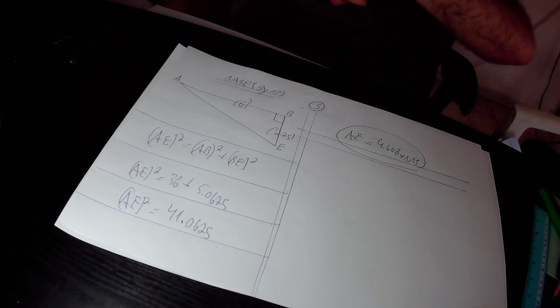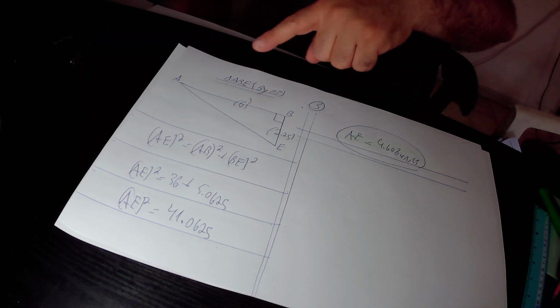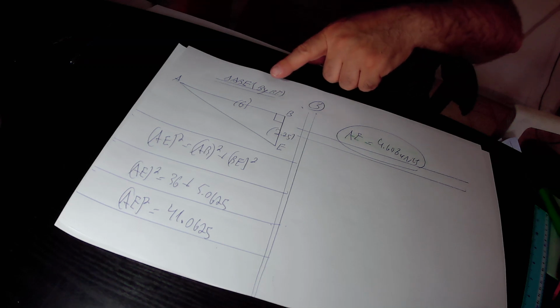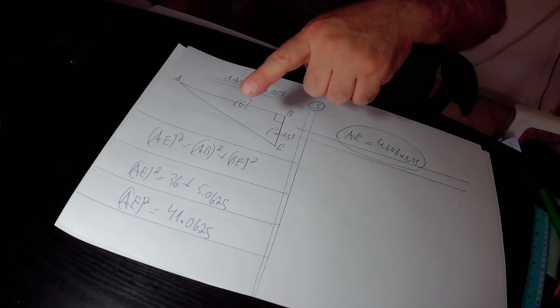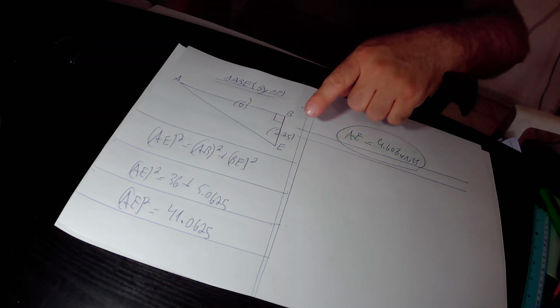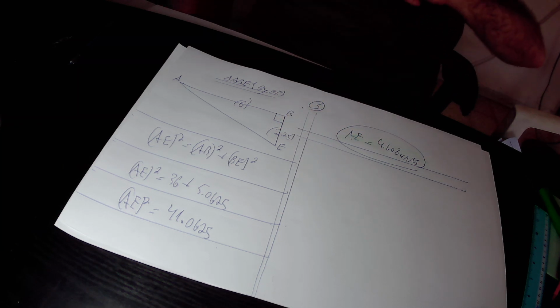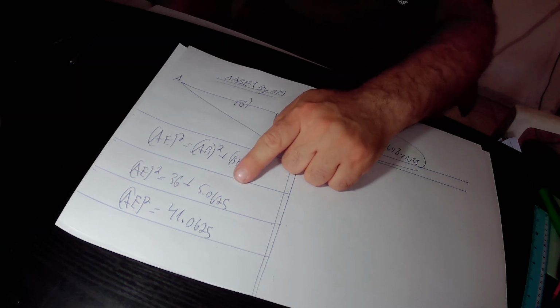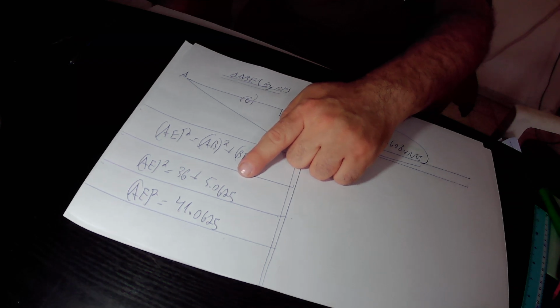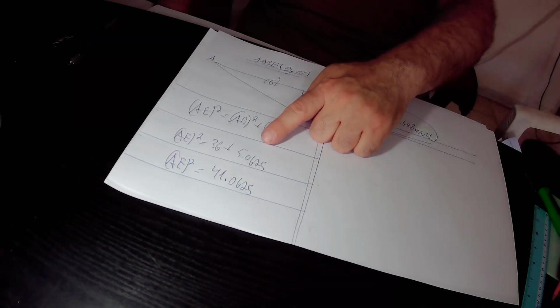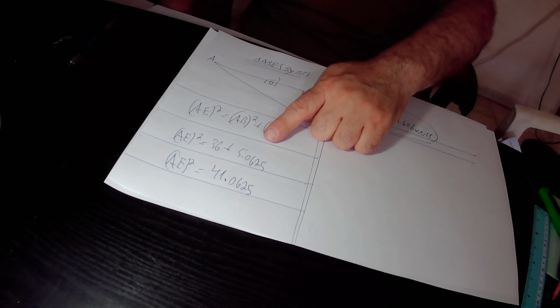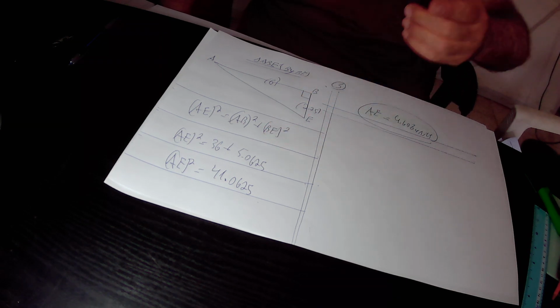AE is the missing side, so we leave it as it is. AB is 6, therefore AB squared is 36. BE is 2.25, therefore BE squared is 5.0625. So AE squared equals 36 plus 5.0625.